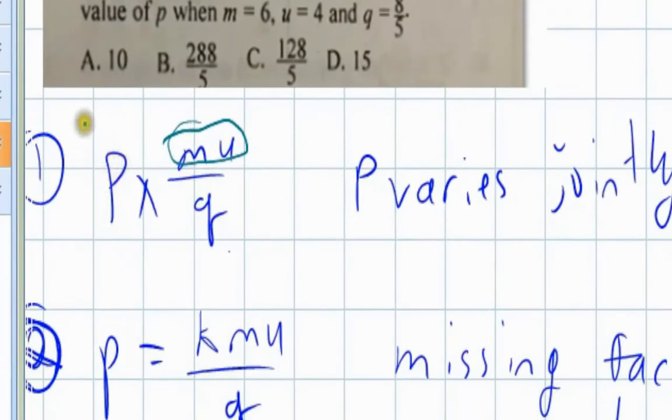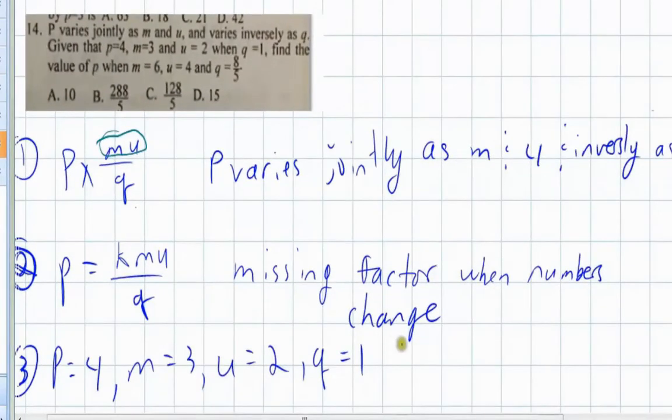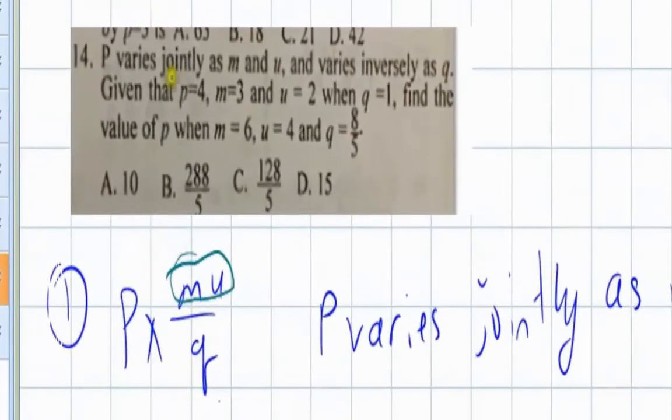Then it gives us these numbers for our variables, and it wants us to find the value of p when we have these variables. So first we're going to say that there's a missing factor when the numbers change. So I've added this extra k in here so that I know what this missing factor is. I'm doing the first line.